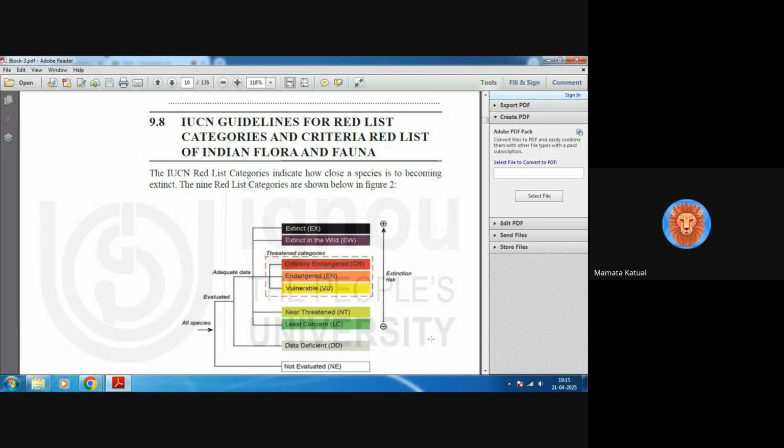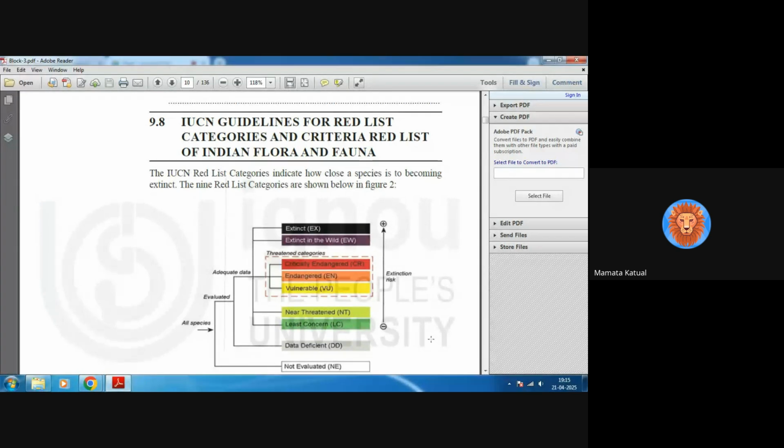In the negative it is written green, it is green colored, and it is written least concern. That means today there is no chance of becoming extinct.